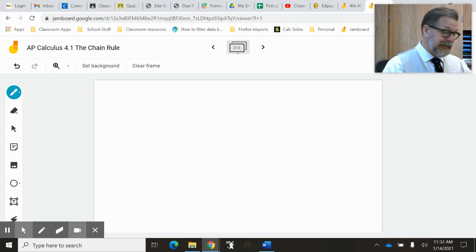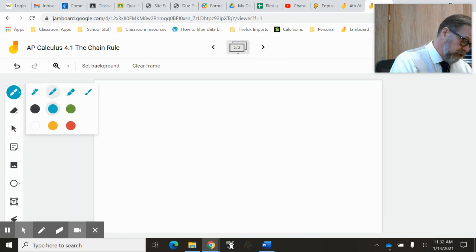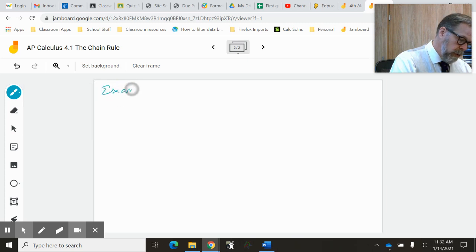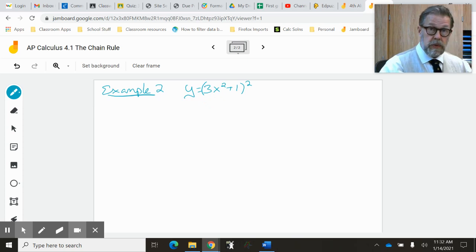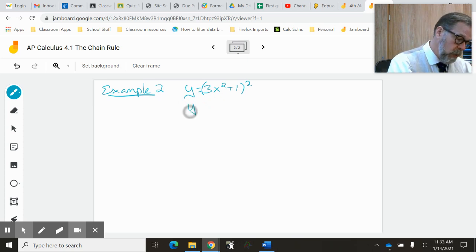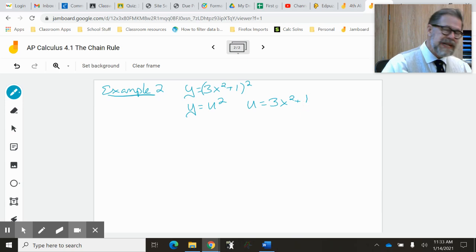Okay, so let's look at example 2. Example 2 says that y is equal to (3x squared plus 1) squared. We're going to split this into a composite function. We say that y is equal to u squared and u is equal to 3x squared plus 1.